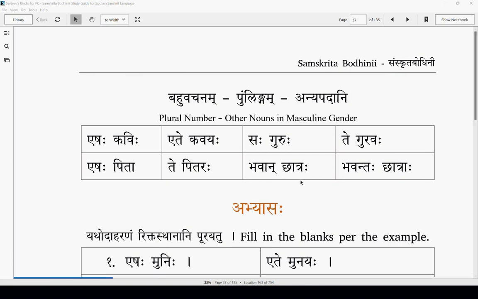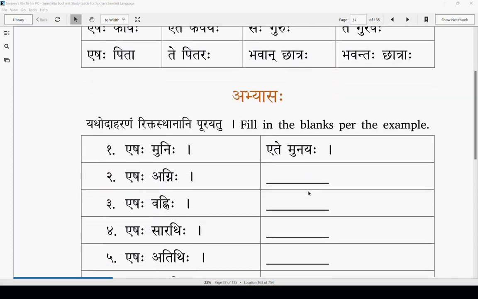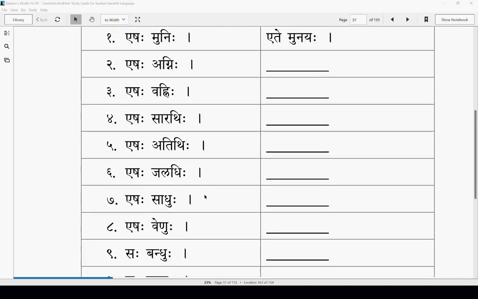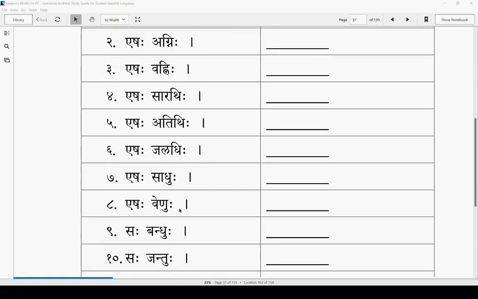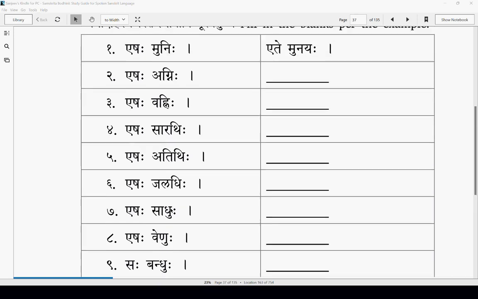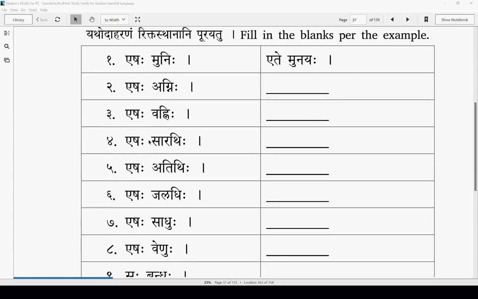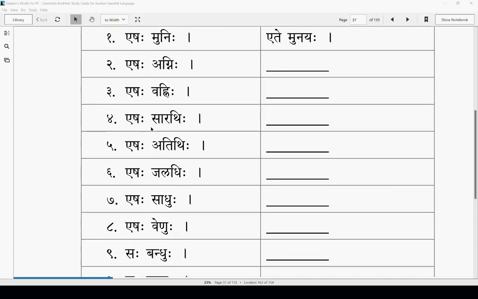Okay, there are some more examples here: Muni, Agni, Vahni, Sarathi, Atithi, Sadhu, Venu. Let's look at the meanings quickly. Muni, a sage. Agni is fire. Vahni is also fire.